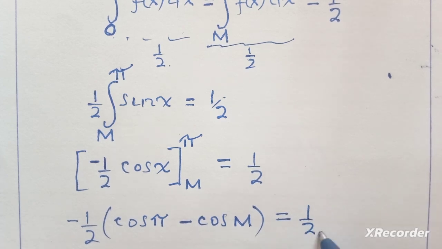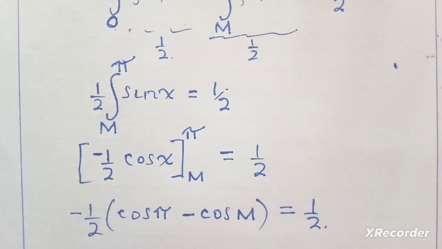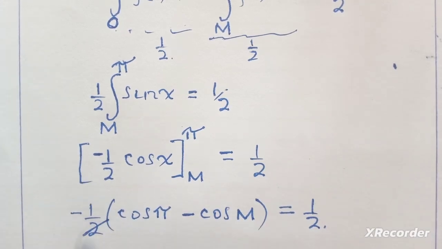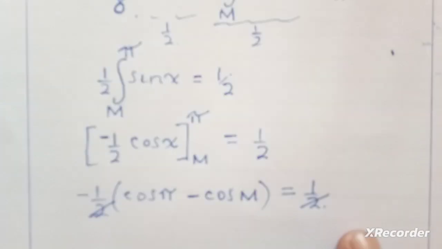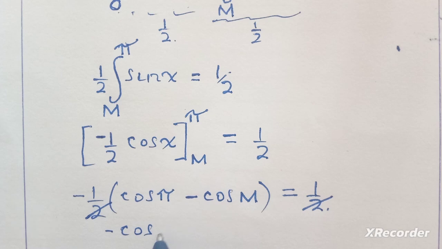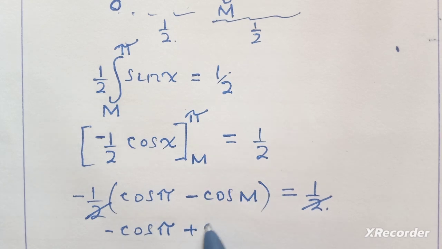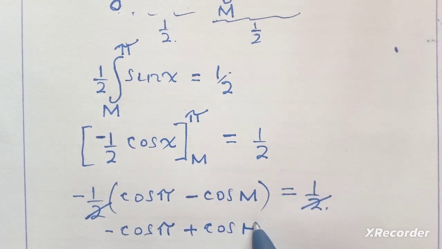So we can cancel these two and these two. So we are left with minus cos pi plus cos m is equal to 1.